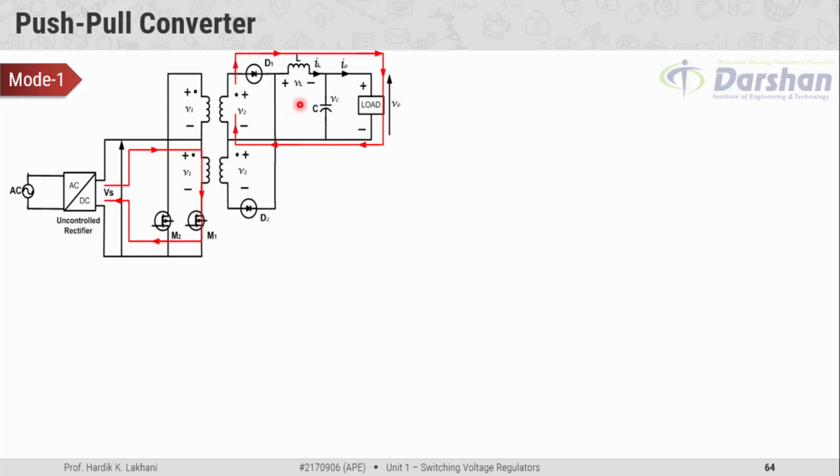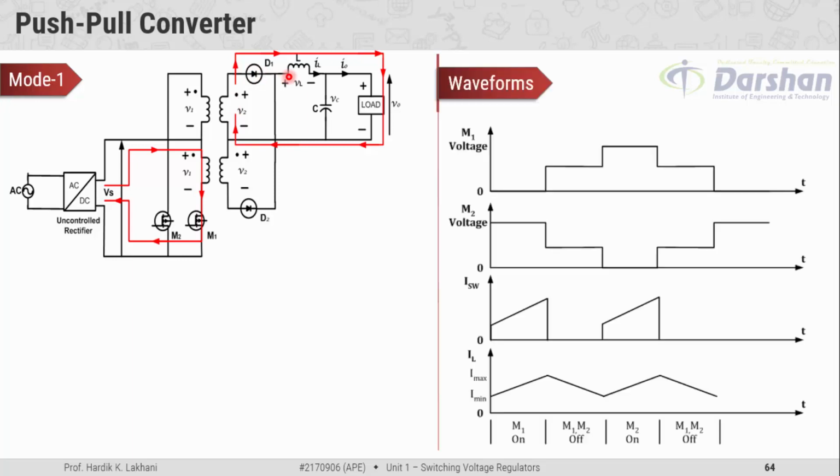During this first interval, the supply transfers the energy to the load through this transformer, diode D1 and inductor L. So here we can see that the voltage across MOSFET 1 during the first interval is equal to 0.